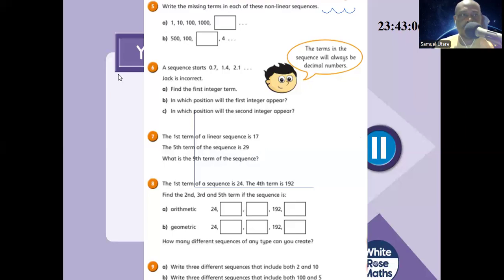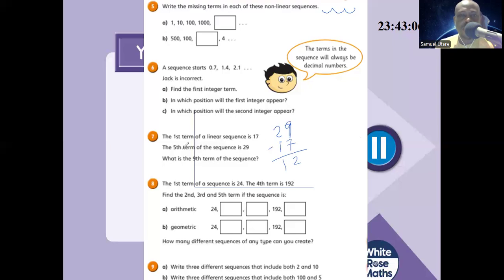The first term is 17. The fifth term is 29. So 29 minus 17. 9 minus 7 is 2. It is 12, right?